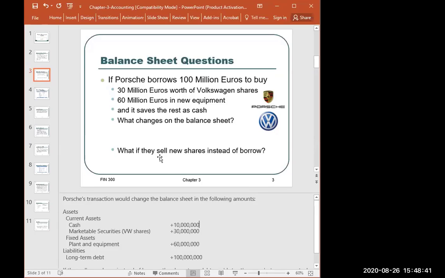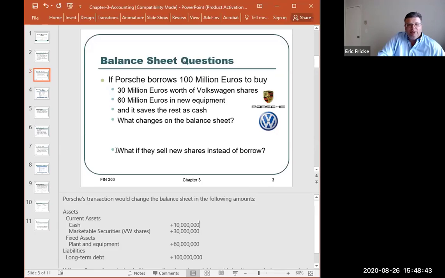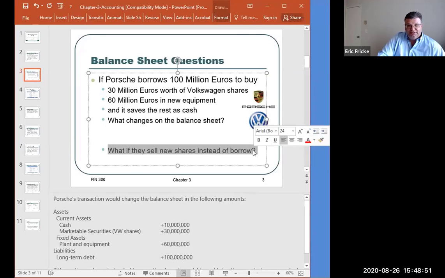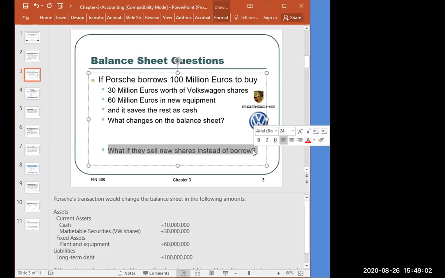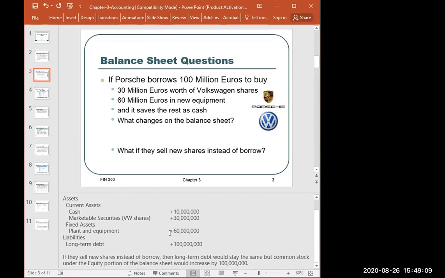Okay. What if instead of borrowing 100 million euros, Volkswagen sells $100 million worth of new shares? Where would that end up on the balance sheet? They would lose the number of shares and increase their cash. Yeah, basically you're switching common stock for cash, and common stock is part of shareholders' equity.